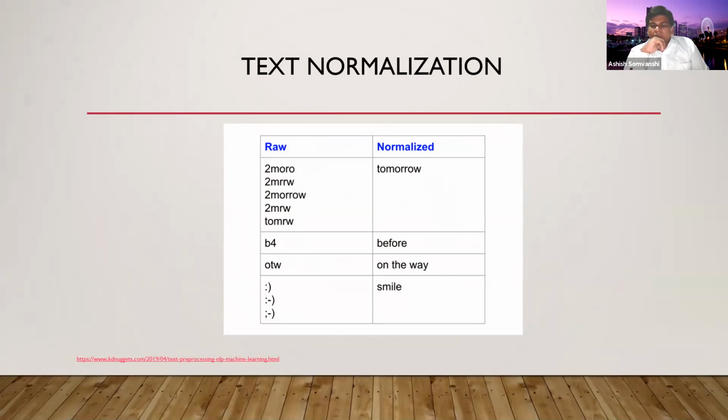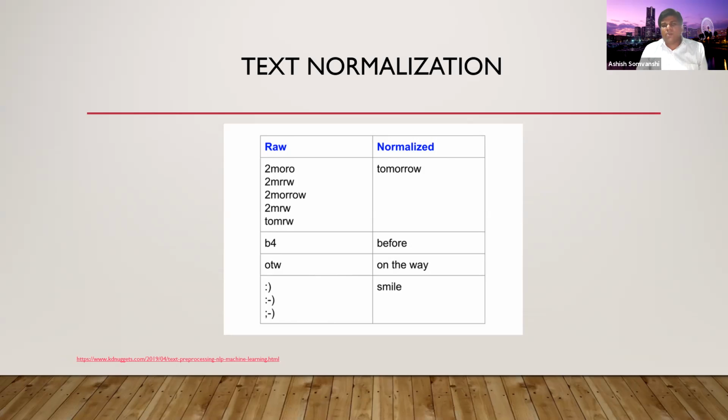What happens is that we are used to using raw words like numerical 2 for tomorrow, B4 for before, and all these notations to express a smile, popularly known as emojis.